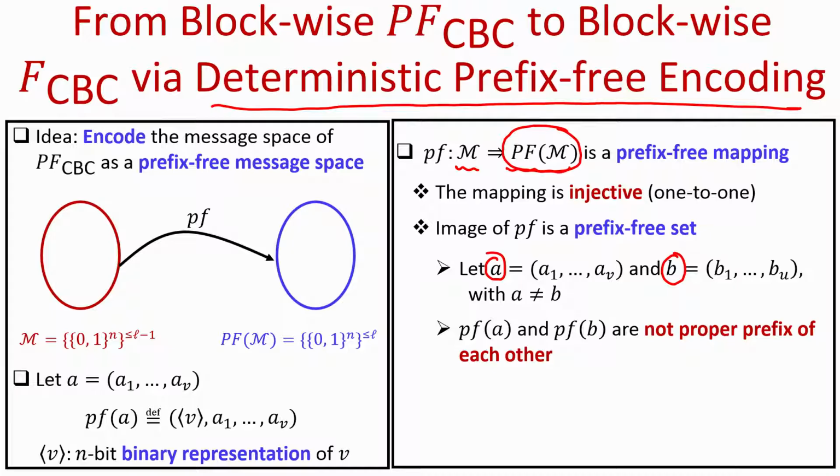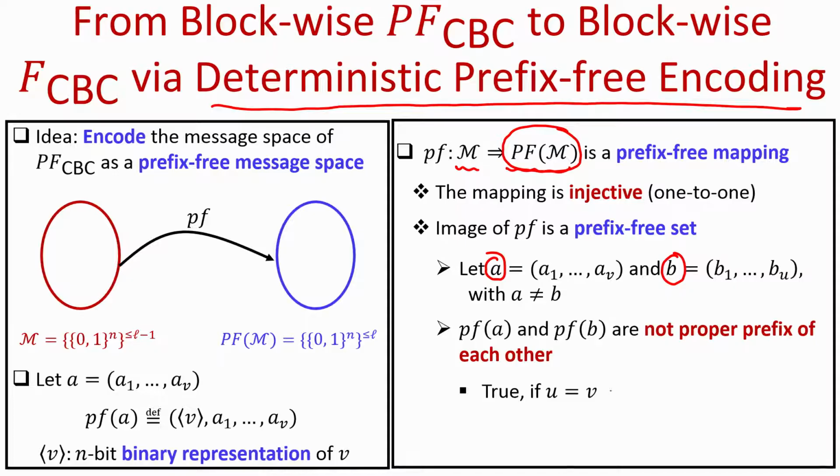My claim is that the encoded A and the encoded B are not proper prefixes of each other. If we prove this for an arbitrary input A and an arbitrary input B, that proves that the mapping indeed gives you a prefix free set.